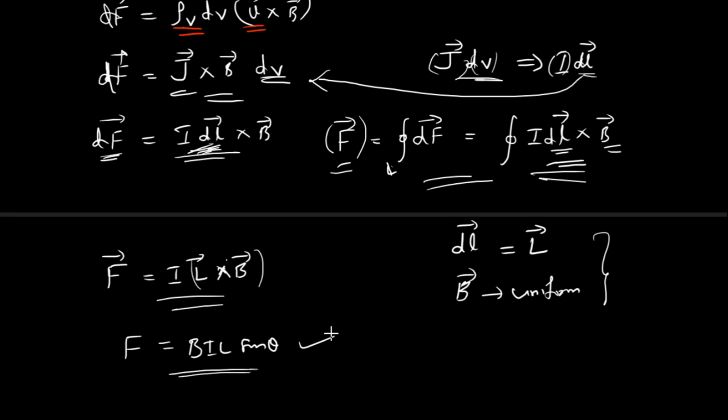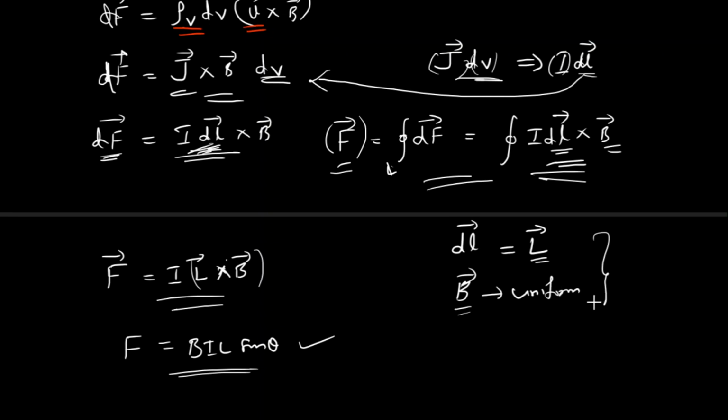So this is a very common, well-known force equation which we are already familiar with. This force equation is derived by assuming that the differential length is known and the magnetic field is uniform.